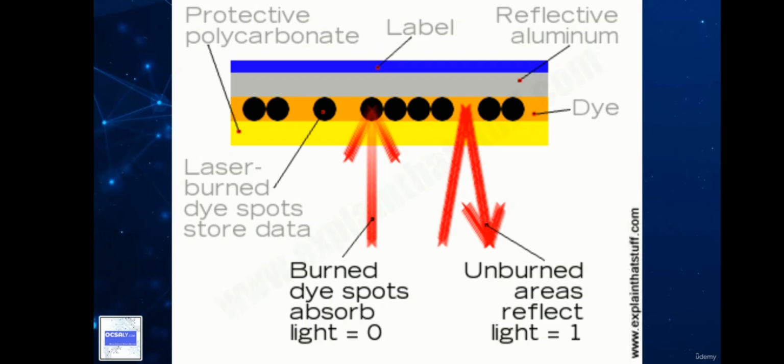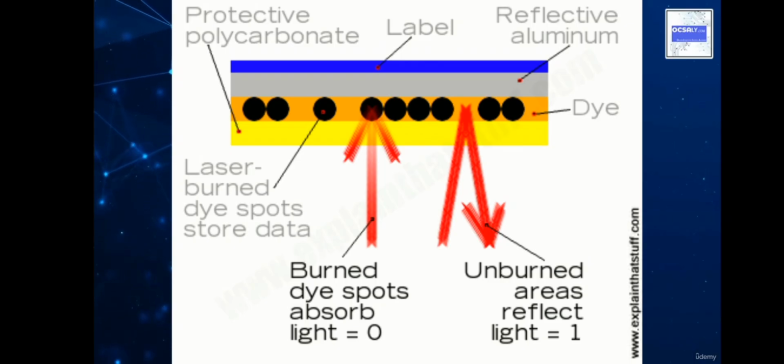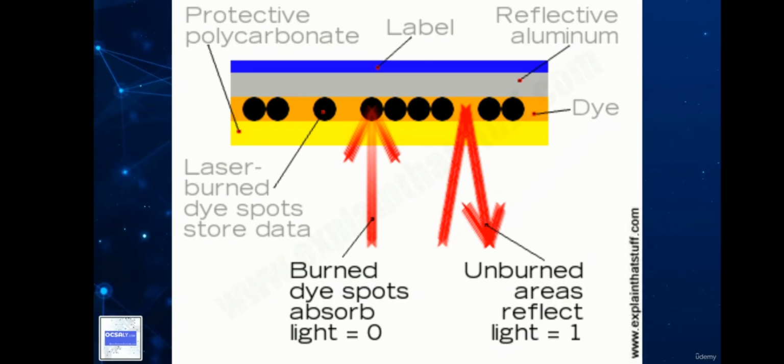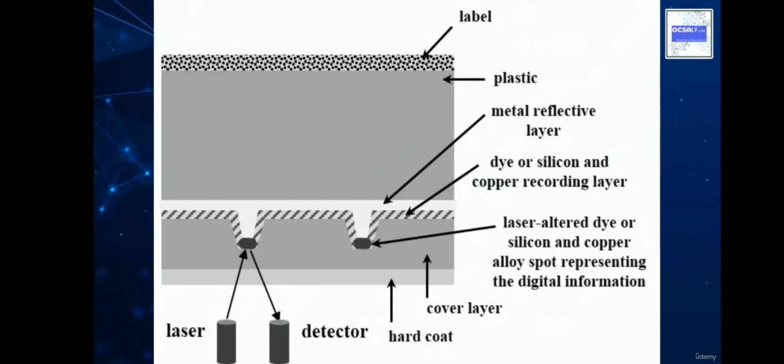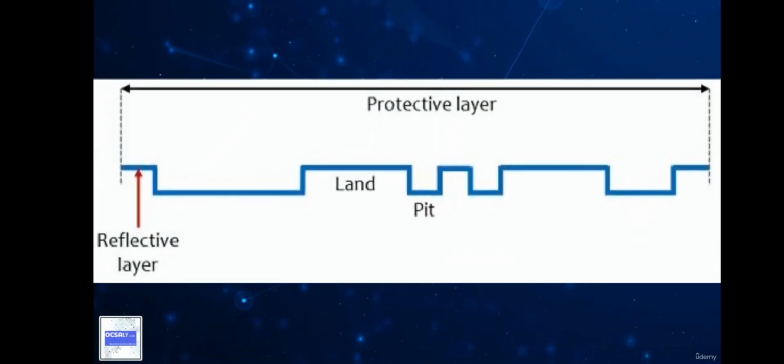Diameter, 120 millimeters. Type of laser used to write data, 780 nanometer infrared laser. Maximum capacity of a CD, 650 to 700 MB.